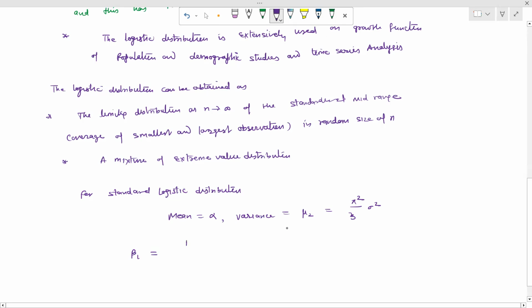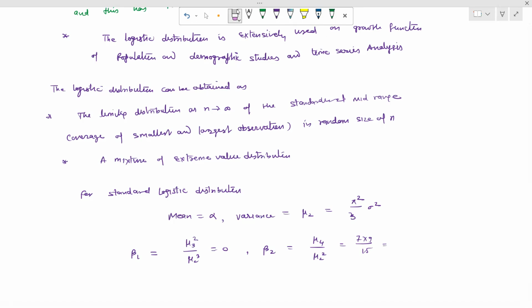Beta 1, which is mu3 square upon mu2 cube, is 0, and beta 2, which is mu4 upon mu2 square, is 7 into 9 upon 15, which is equal to 4.2. This is the coefficient of skewness.